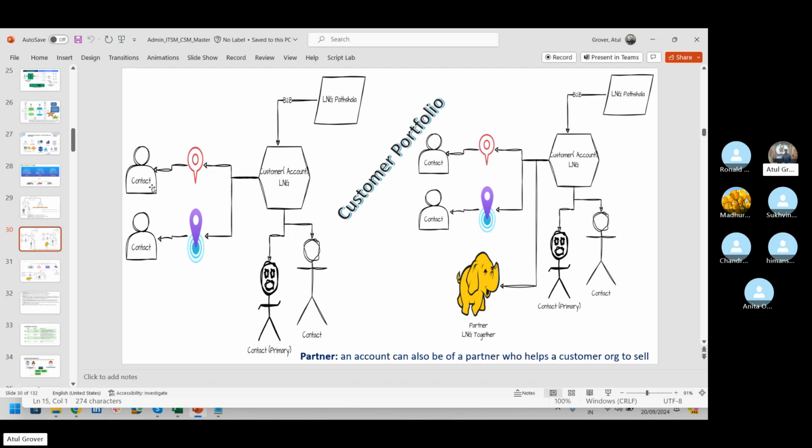Let me show you this in more detail. Possibly for these 2 locations there are different contacts, but primary can be the same here, because for the overall company I will talk to only one person.